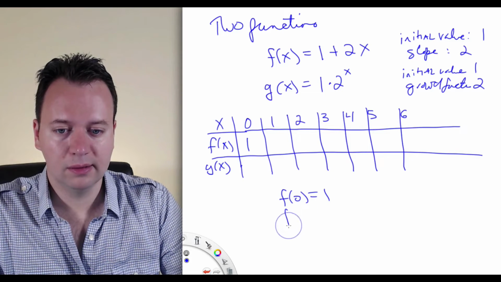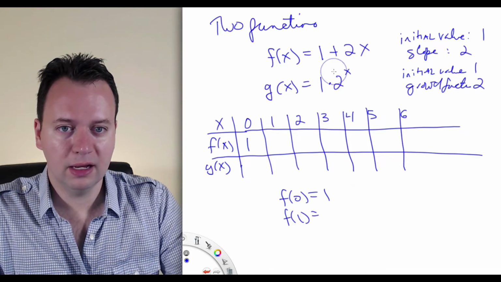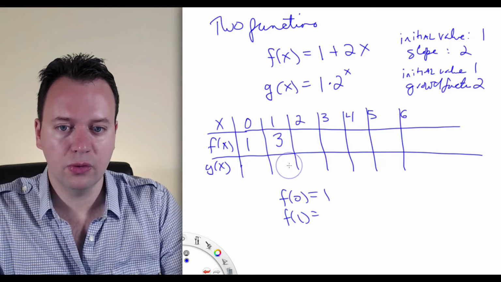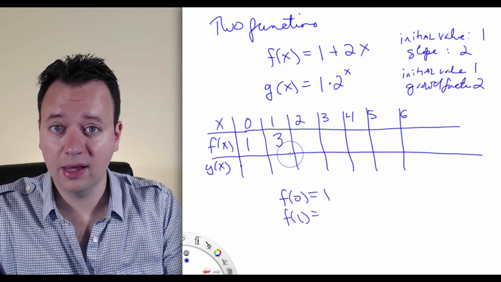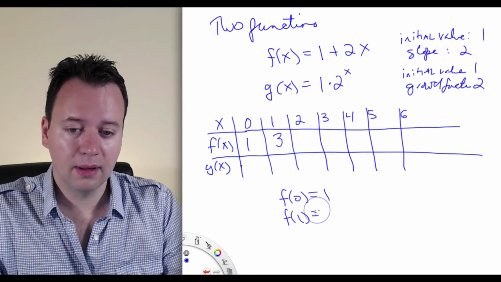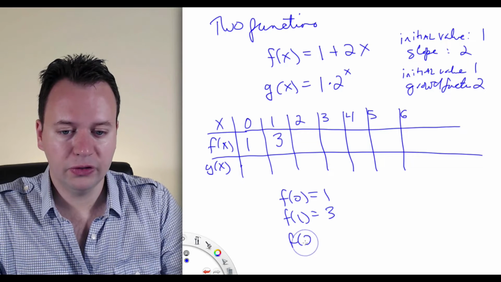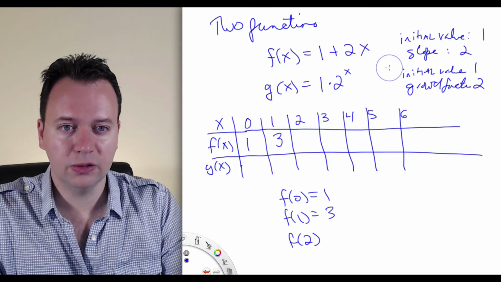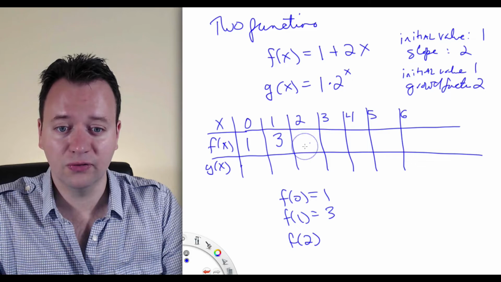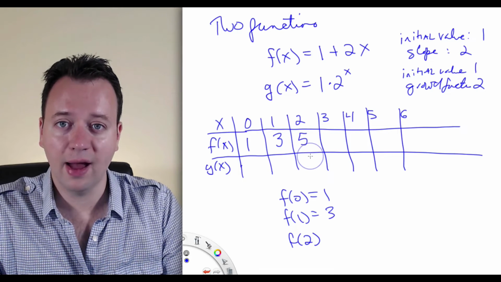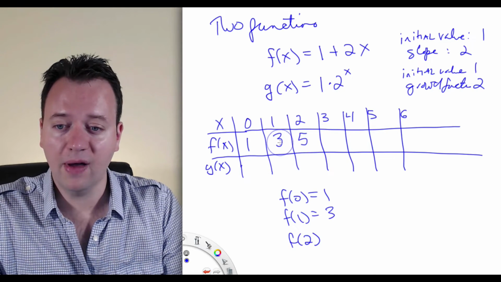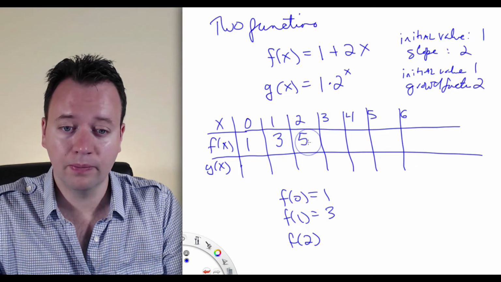F of 1, we plug that in, it's going to be 1 plus 2, that's 3. Now notice that the y value has incremented by 2. F of 2 is going to be 1 plus 2 times 2, 1 plus 4 is 5. Notice again, the y value has incremented by 2.